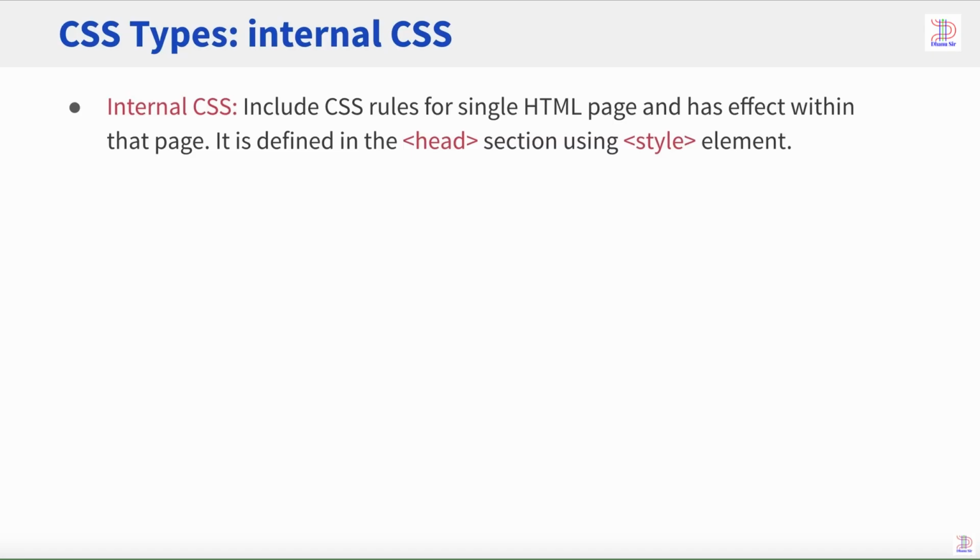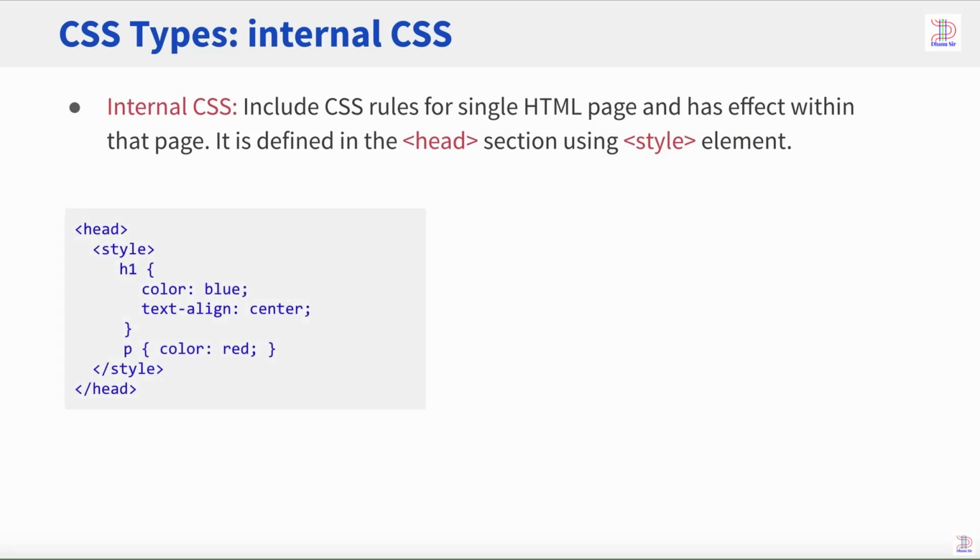Internal CSS. The internal CSS includes CSS rules for the single web page and has its effect within that page only. It is defined in the head section under the style element. In the example here you can see head, then style, then h1 and color equal to blue, text align center, and the paragraph tag has color equal to red.